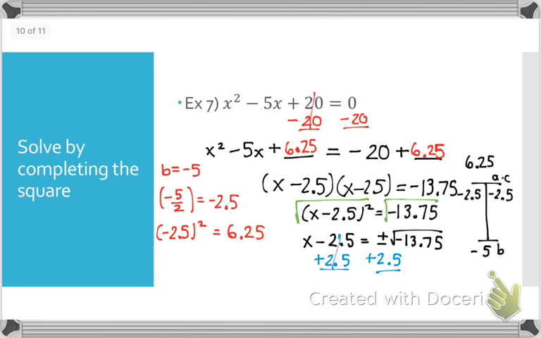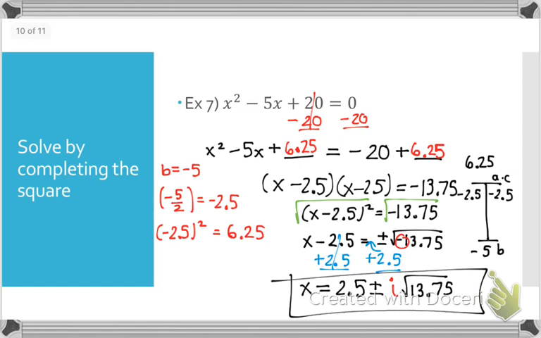Okay, that gets rid of that. We're going to write this in the front, so now we get x equals 2.5 plus or minus, now remember we have this negative, so we're going to pull out the i. So it's going to be i times the square root of 13.75. Okay, and that would be our final answer.